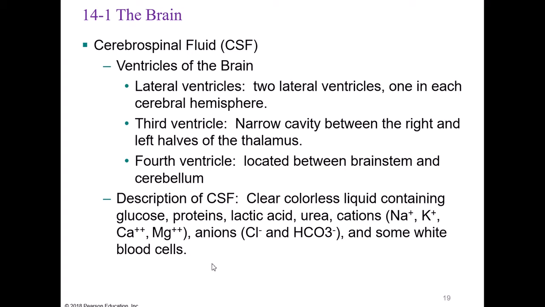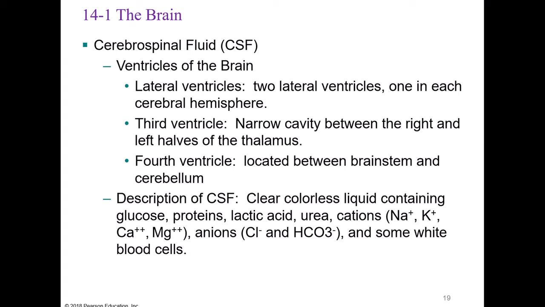If we were to analyze cerebrospinal fluid, we would see that it's a clear, colorless fluid. If you held it up to the light, you'd be able to look right through it. It contains normal things: glucose, proteins, some lactic acid, a little bit of urea, again a waste product, and some positively charged ions like sodium, potassium, calcium, even magnesium, and then some anions, which are the negatively charged ions, chloride and HCO3, which is bicarbonate.